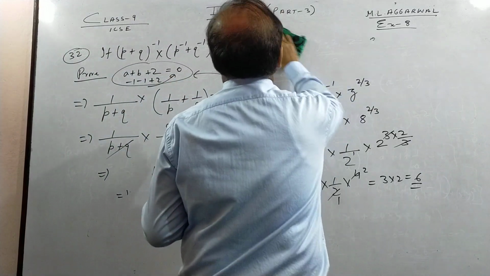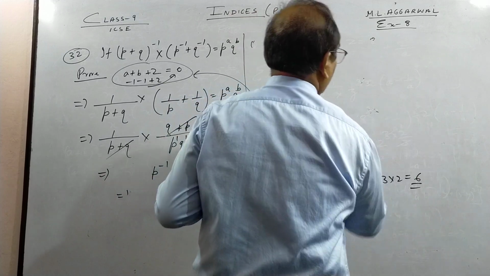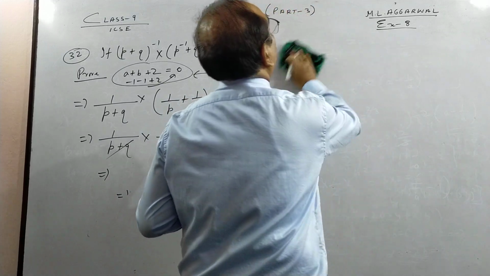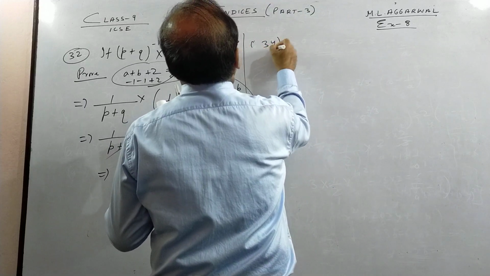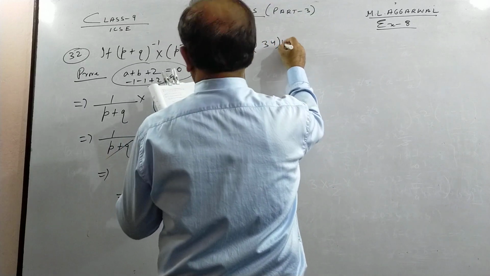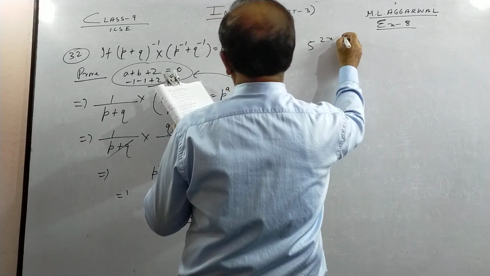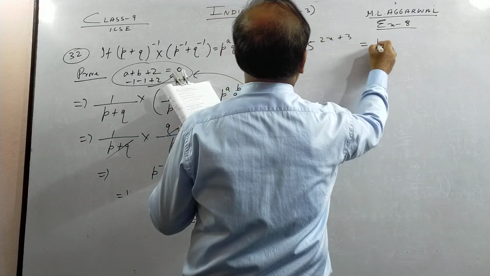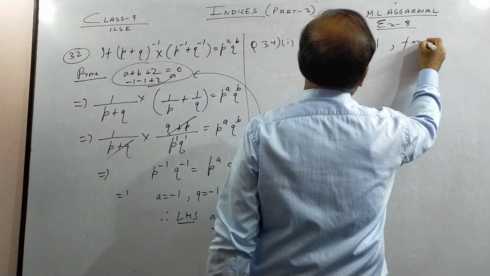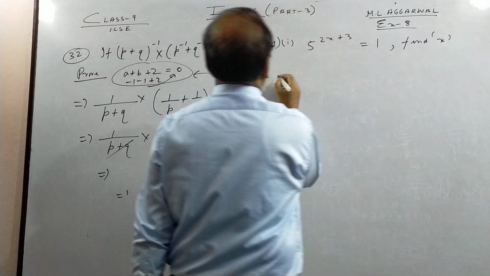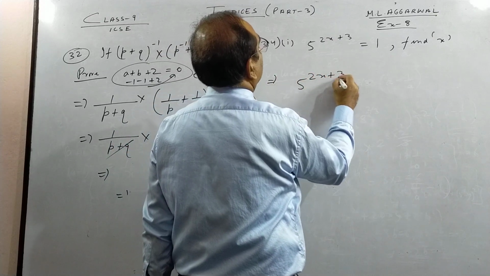So next I take question 34 part 1. See, in question 34 part 1 we have 5 to the power 2x plus 3 is equal to 1. You have to find x. So here we get 5 to the power 2x plus 3.